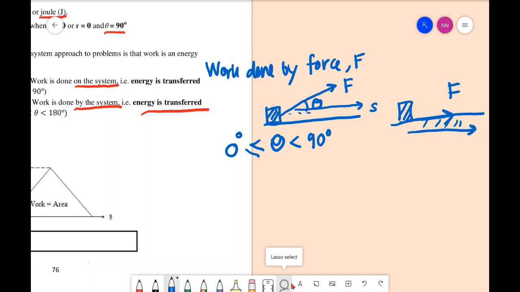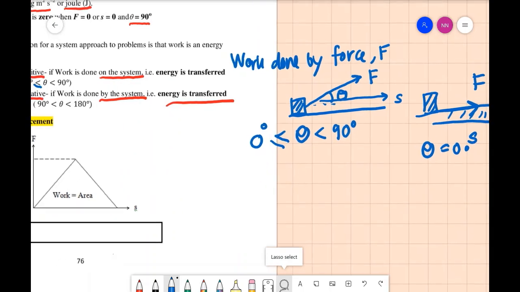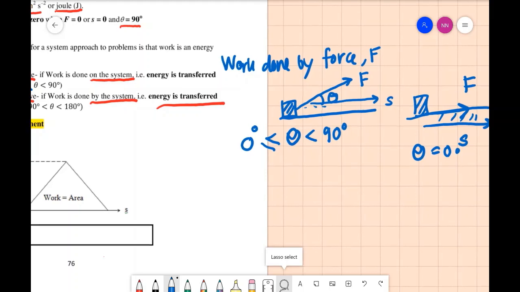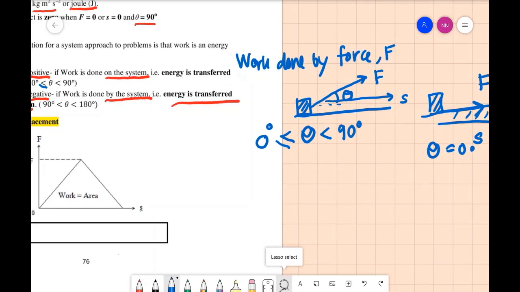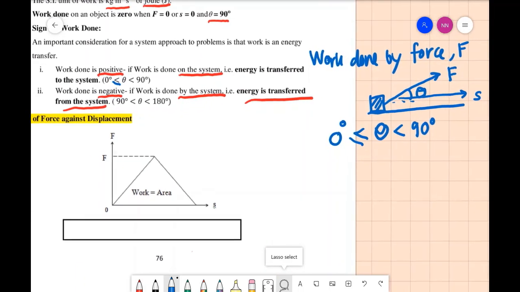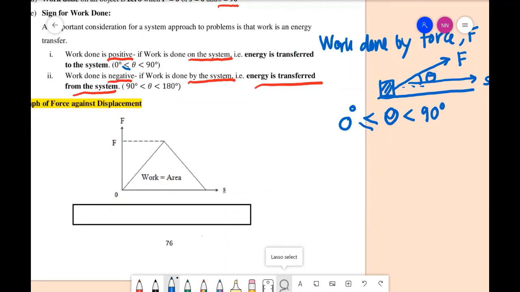So this is an example of theta equals 0 degrees. For this case, work done is positive, by the push force or pull force when it is in the same direction as the displacement S.